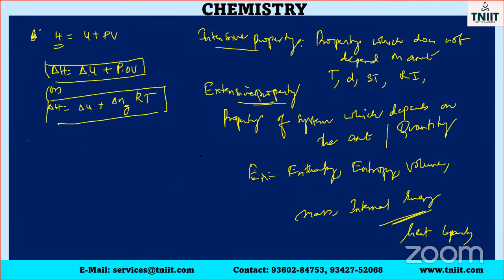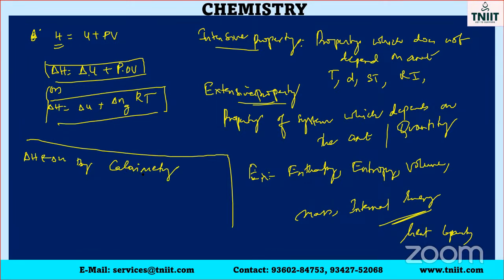Now you should remember this one, measurement of delta H and delta U. It's by calorimetry. Calorimetry is an instrument used to measure the calories. Now, delta U, or change in internal energy, is determined experimentally by a bomb calorimeter, B-O-M-B, bomb calorimeter. The final expression is delta U is equal to C into delta T into M by m.